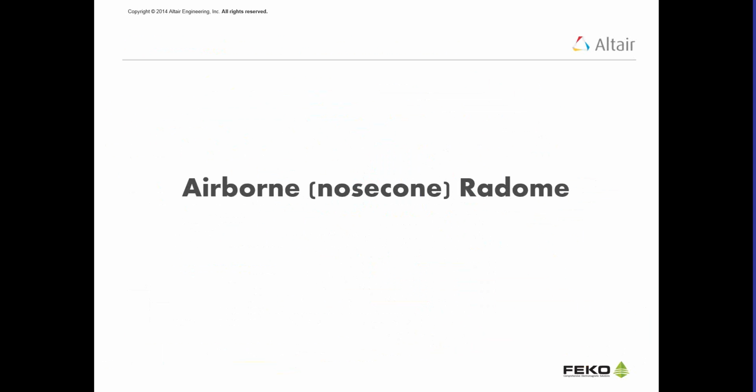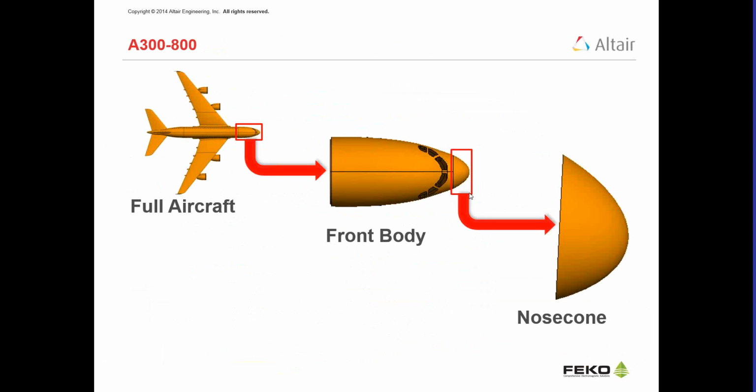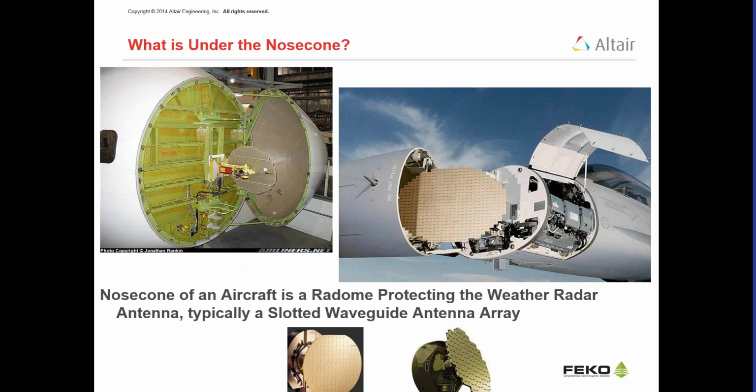Typically the radomes are placed in the front nose of the aircraft, and this particular radome that we're considering here is typically used for the weather radar application. That is, you have a slotted waveguide array in the front, and that needs to be protected from the weather and other elements of nature. So a radome is placed in front of it.